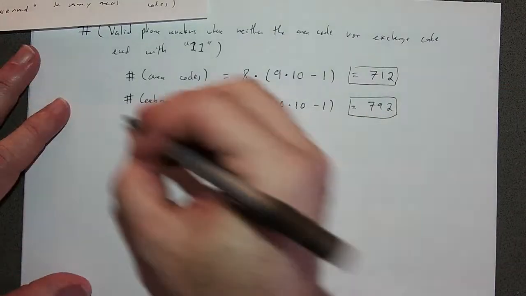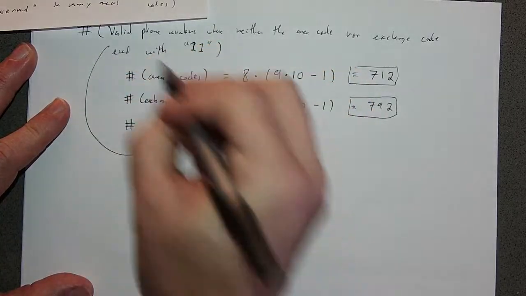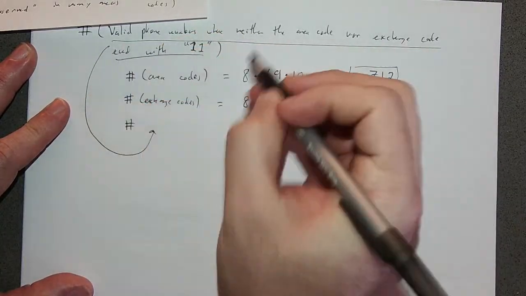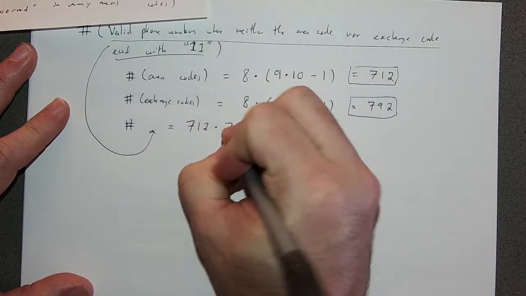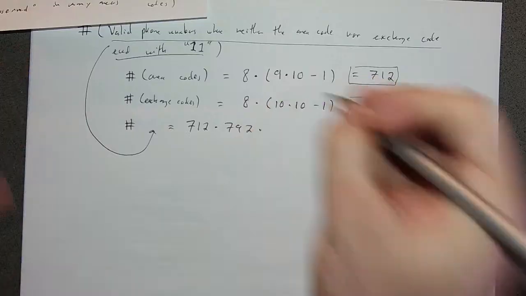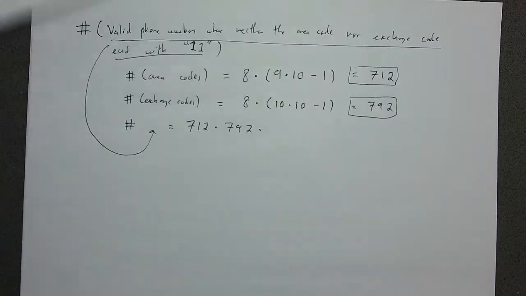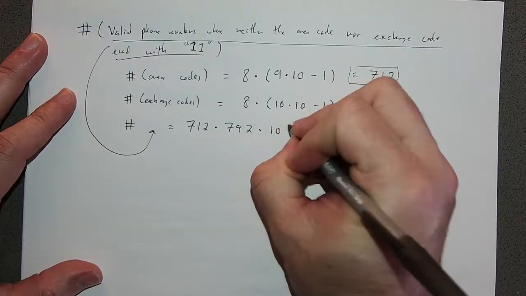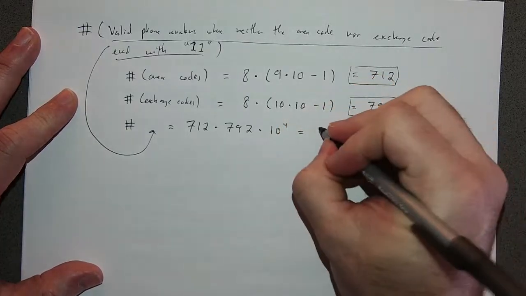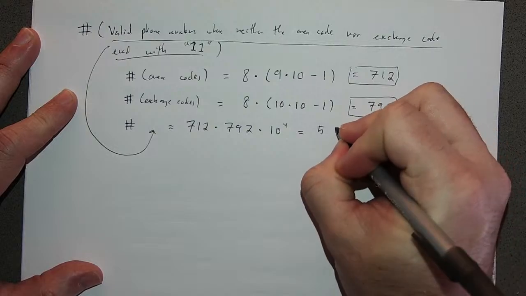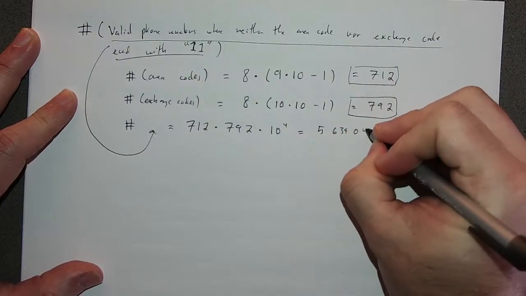So then the number of valid phone numbers here, I'm just going to insert this so I don't have to rewrite it. This would be 712 times 792 times, for the station code, 10 times 10 times 10 times 10, 10 to the 4th, which is 5,639,040,000.